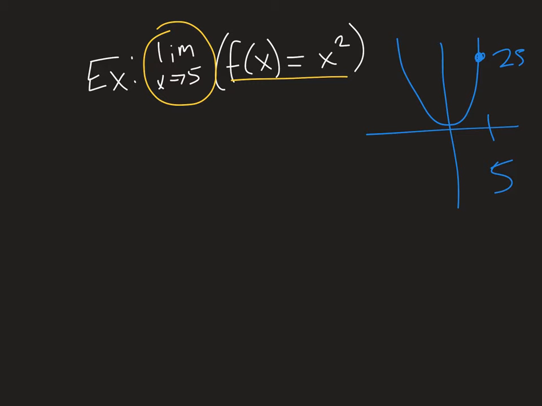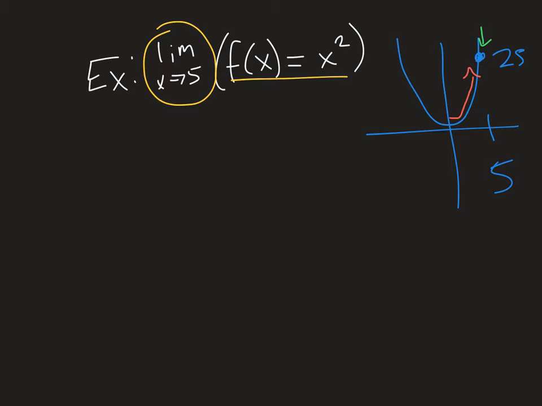So the idea is that as I move to the right, my y values are going to get closer and closer to 25. And likewise, if I'm coming from the left, also going to get closer and closer to 25. And that is what is required to make sure that a limit does exist, is that from both sides, it's approaching the same value.